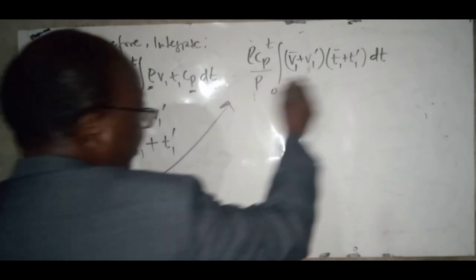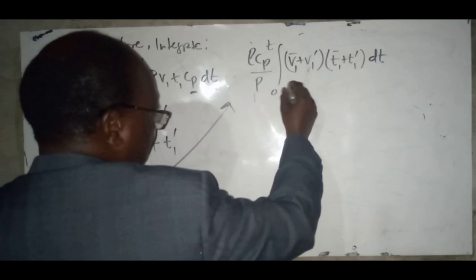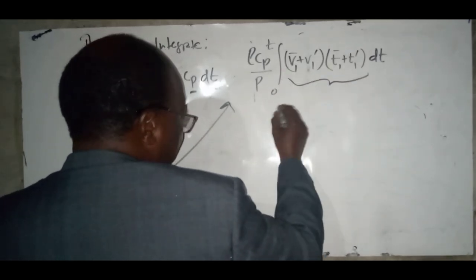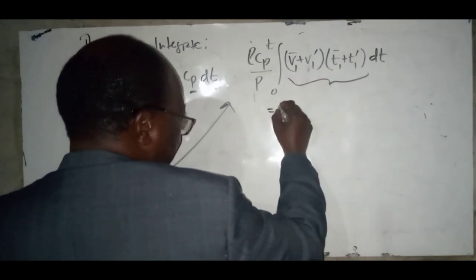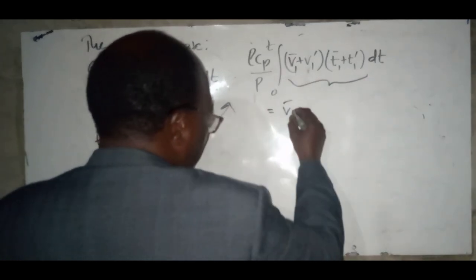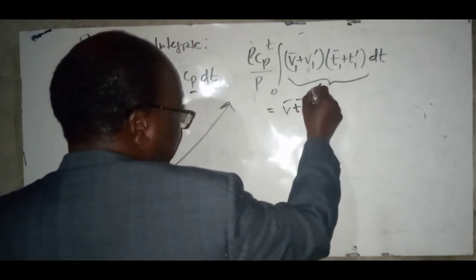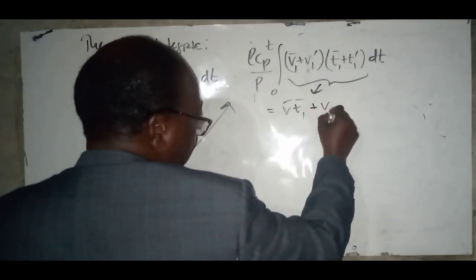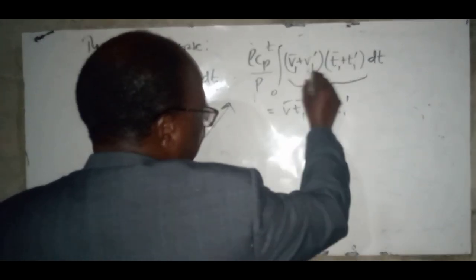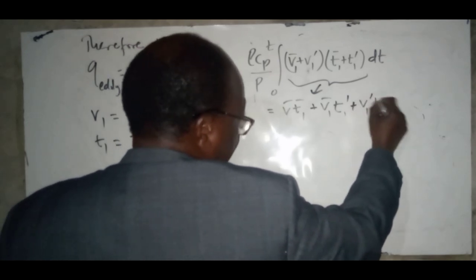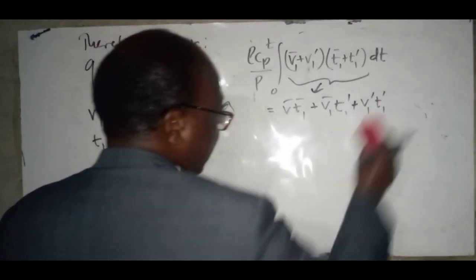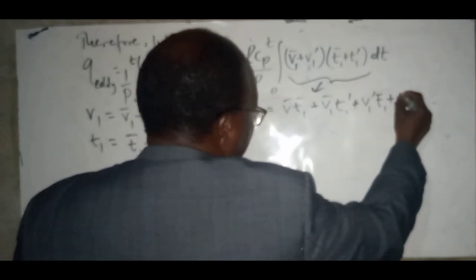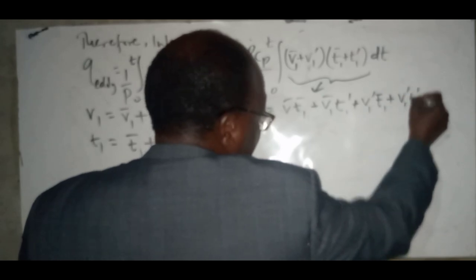So for these quantities, what do we have? If you open up this bracket, with the mean velocity and mean temperature, we have V bar 1 T bar 1, plus V1 bar T1 prime, plus V1 prime T1 bar, plus V1 prime T1 prime.